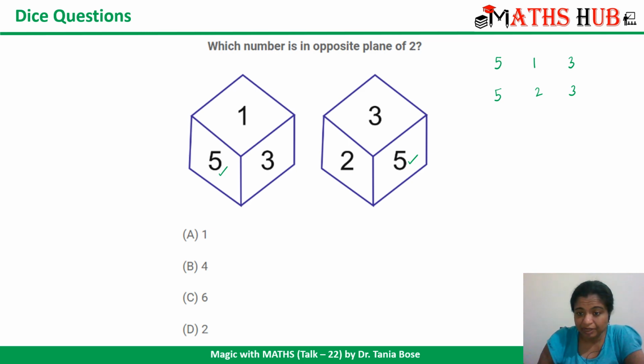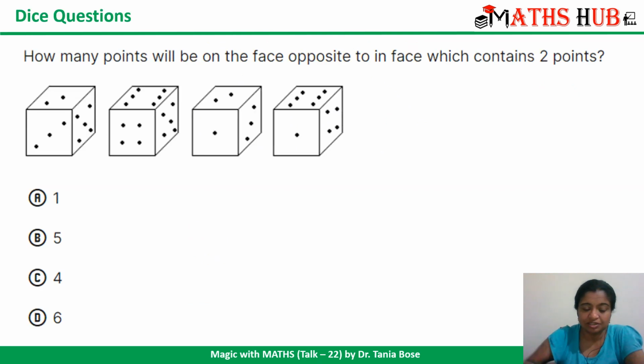So when we check the two dice, you can see that two numbers are common to each other. Below 5, I've written 5, below 3, I've written 3, and opposite to 1 comes out to be 2. So what should be the answer? Which number is opposite to 2? It is 1, right?